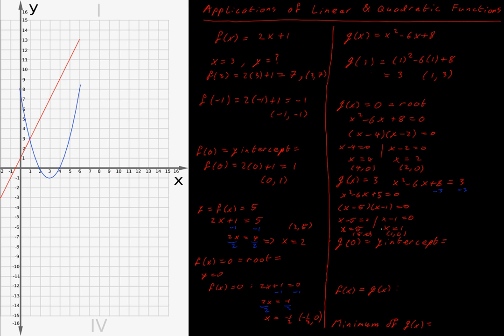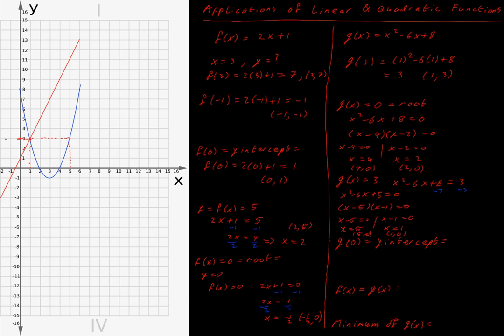And does that work out? What am I checking this time? I'm looking for where g of x is equal to 3. So where is y equal to 3 for my blue curve? Y is equal to 3 means I start at y is 3 and I go across to my curve. But I can actually see there's another point here where my blue curve is at y is equal to 3.